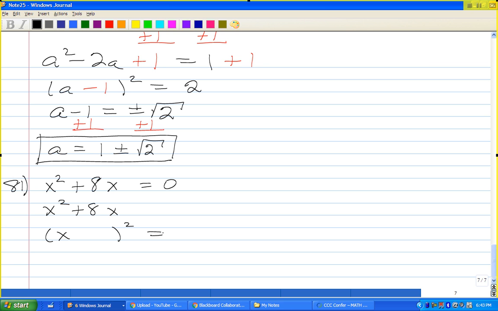Since there's a 1 in front of the x squared, I'll just take 8 divided by 2, which is 4. 4 squared is 16. Let me add 16 to both sides of your equation.